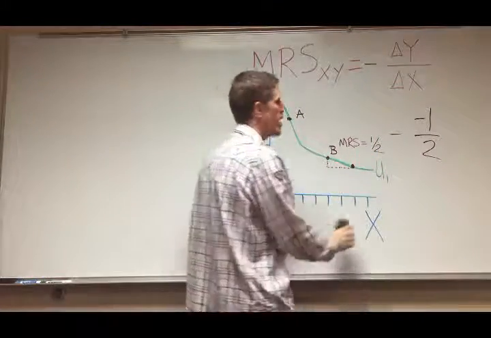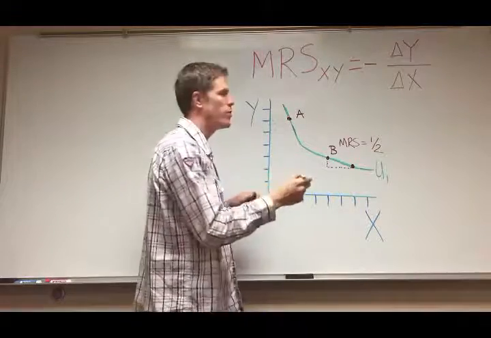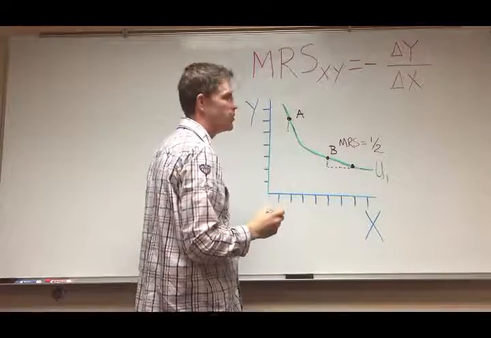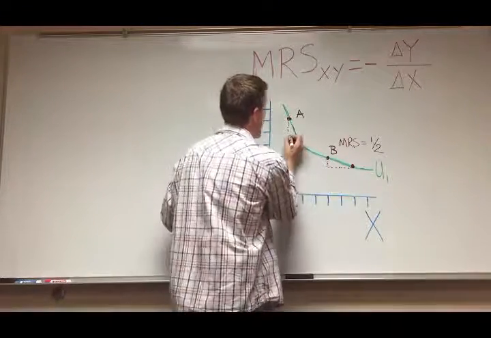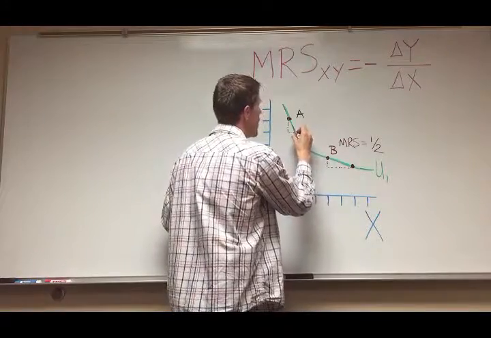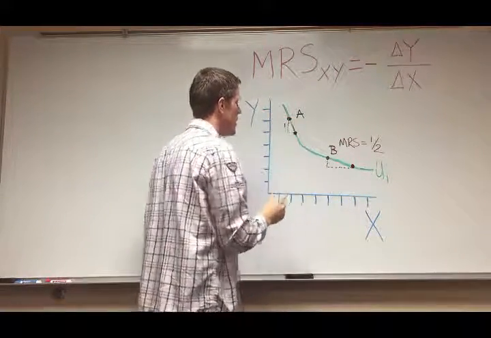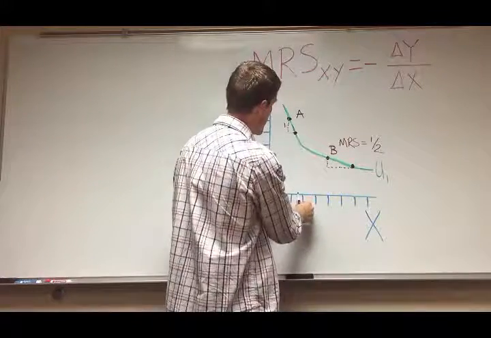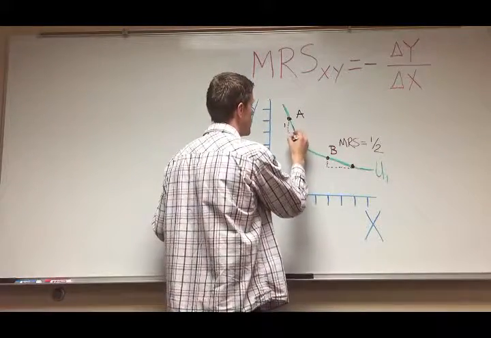Now we can also look at point A. For the marginal rate of substitution at A, we go down 1 again, dropping 1 in y, and see how far over we go in x. Here we only change about a half in terms of x.